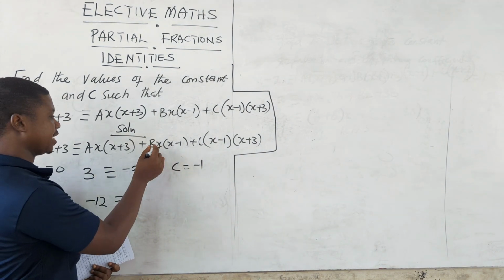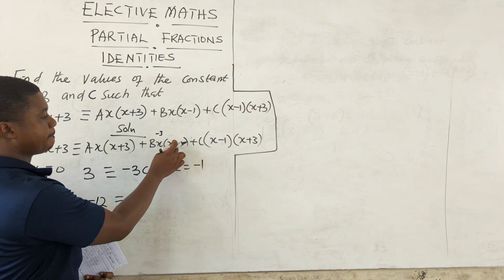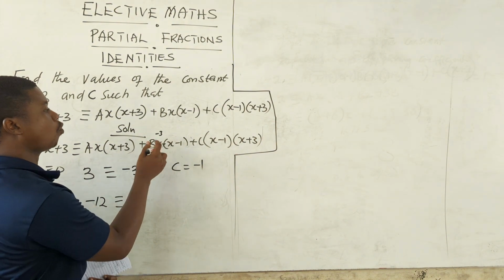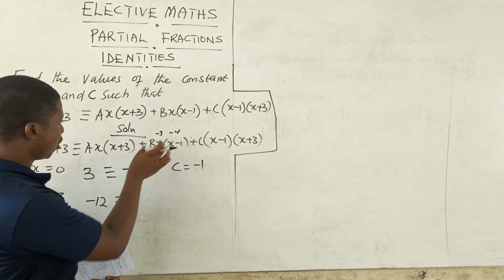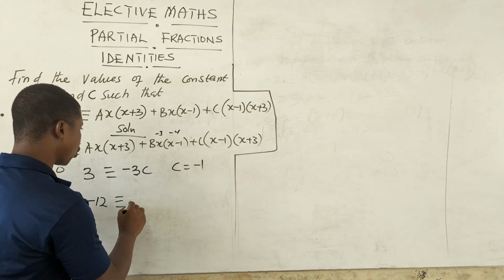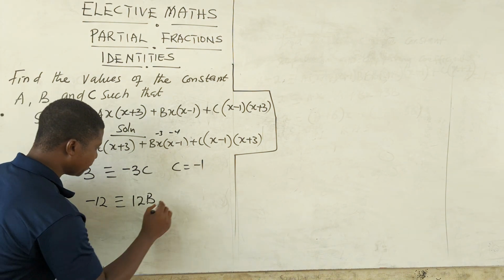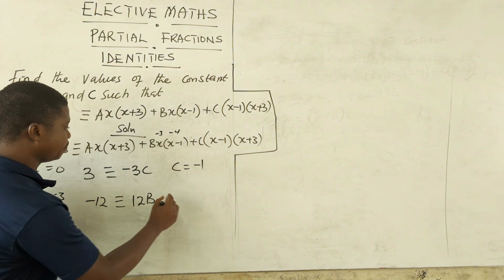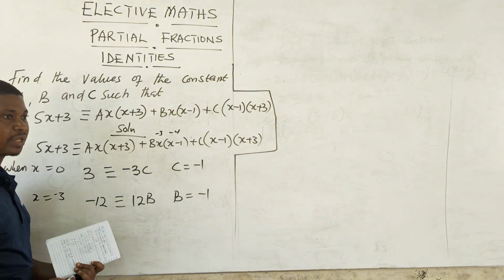So we can look at this side. So with the b, our x is negative 3. Negative 3 minus 1, you got negative 4. And this one will give you positive 12. So 12b. So b, when divided through, is going to give you negative 1. So b is also negative 1.